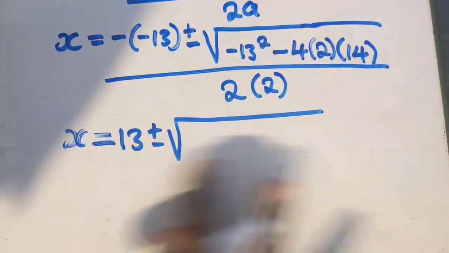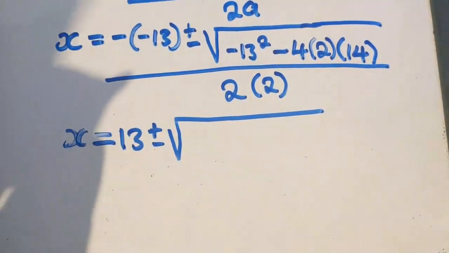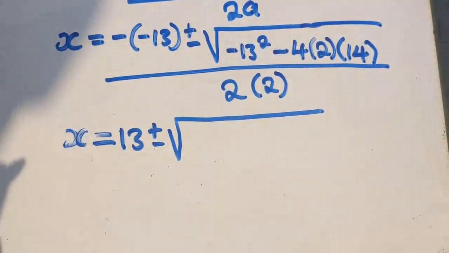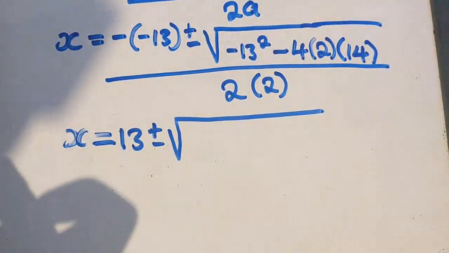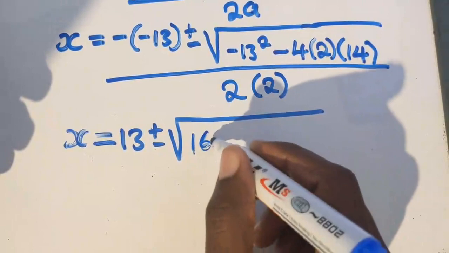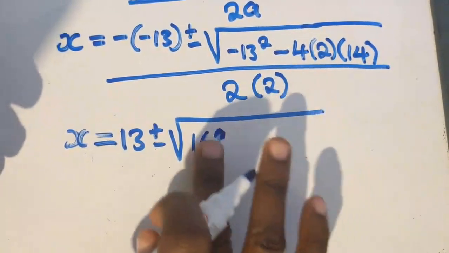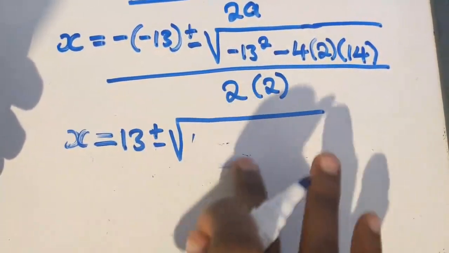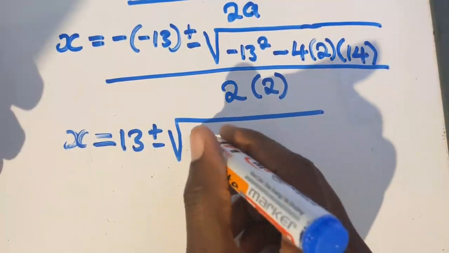You can punch it on a calculator, since in paper 2 you use a calculator. So when you say 13 squared, you're going to have 169. Let me write it well.